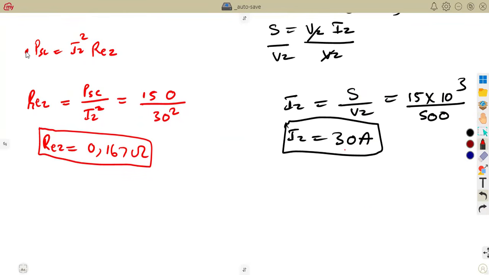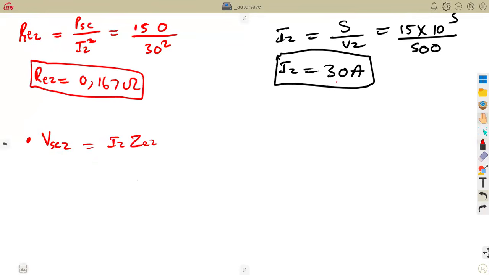This was from the short circuit power. Then from the short circuit voltage of the secondary side, we saw that it's going to be I2 ZE2, and this is what we need. So we're simply going to divide by I2 both sides. That's it.